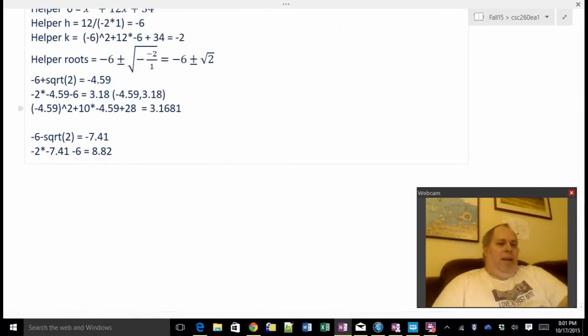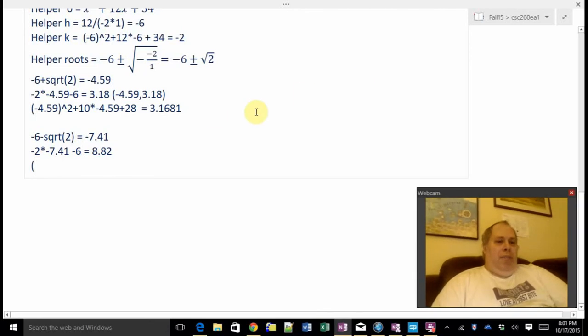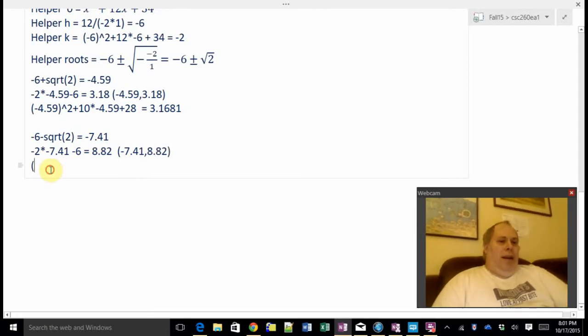The 9.3, the vertical is sometimes a little inaccurate, but it's close enough. Let's just make sure. So this is a case where we really have to check it algebraically. But this is what it's saying. Our answer is negative 7.41, comma, 8.82. Let's see. If it checks algebraically, I'll believe it.